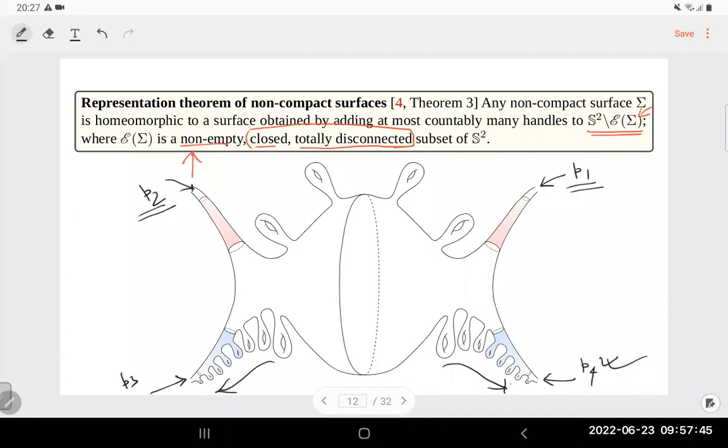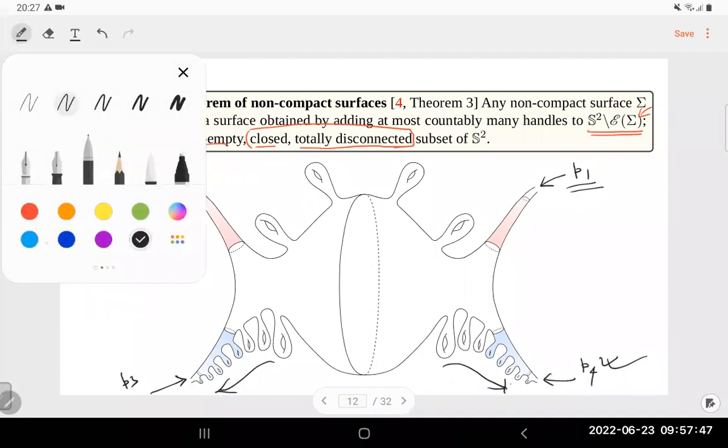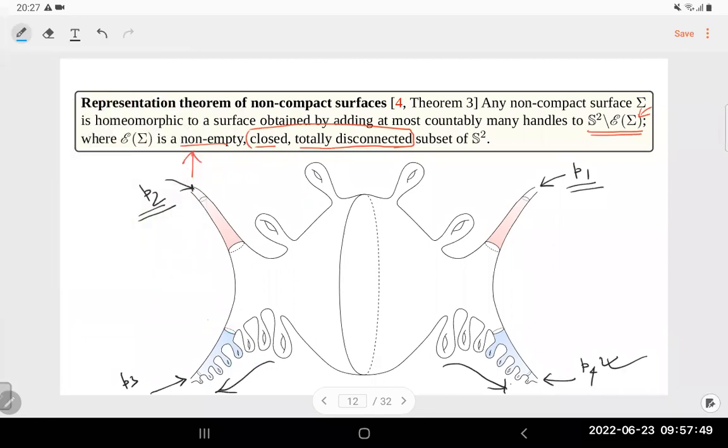Okay, so notice one thing here: any neighborhood of this puncture, how does it look like? It contains infinitely many one-hole torus, and you know that one-hole torus can't be embeddable in R2. One-hole torus, let's write in short, S_{1,1}, where the first one stands for genus and the next one stands for boundary, can't be embeddable in the plane.